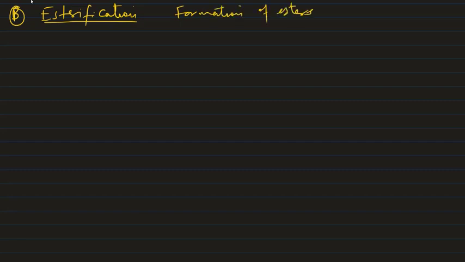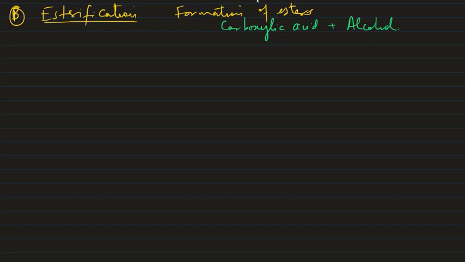Now let's see the next reaction of carboxylic acid, and that is known as esterification. Esterification involves the formation of esters. Esters are produced by the reaction of carboxylic acid with alcohols.